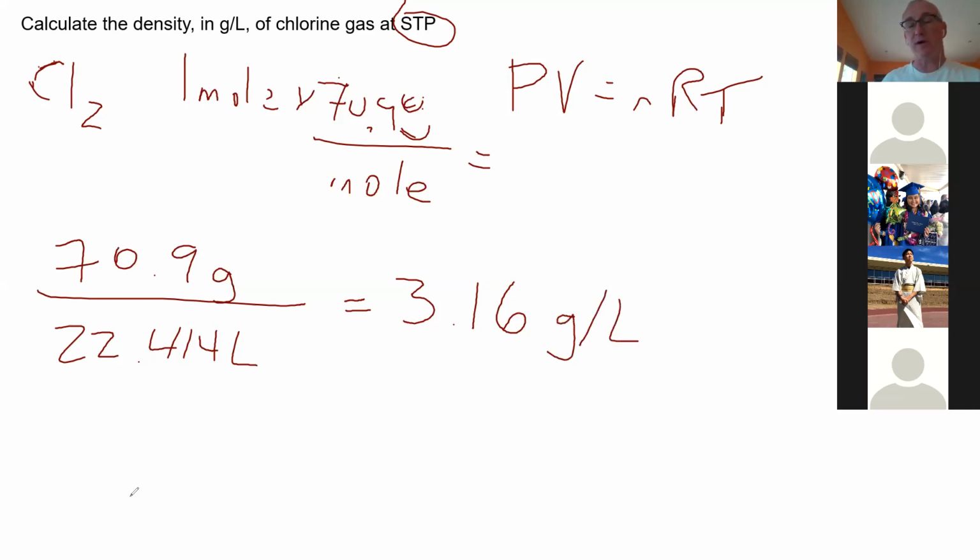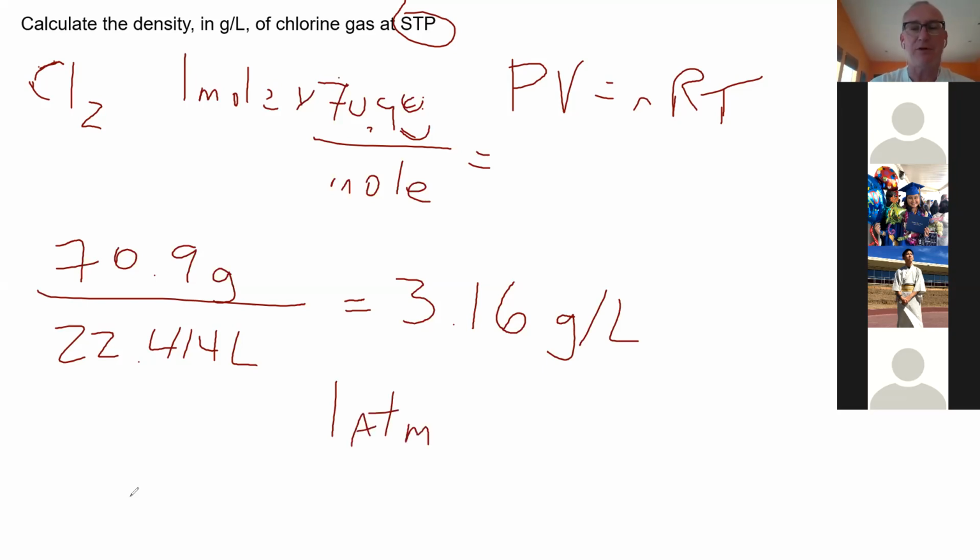So if this question was not at STP, let's say instead of standard temperature and pressure. What is the standard pressure when we're dealing with gases? 1 atmosphere, right? So that's the standard pressure.